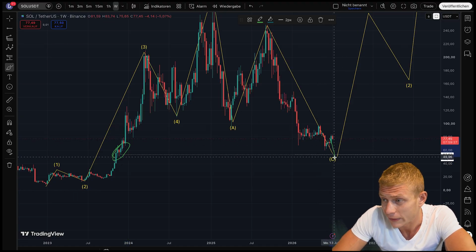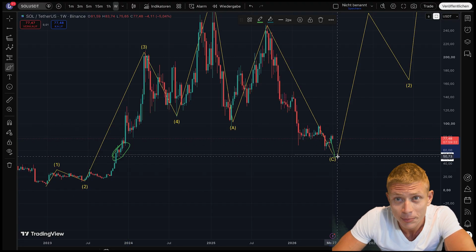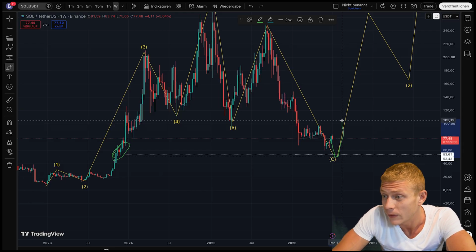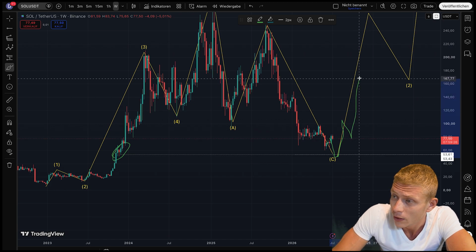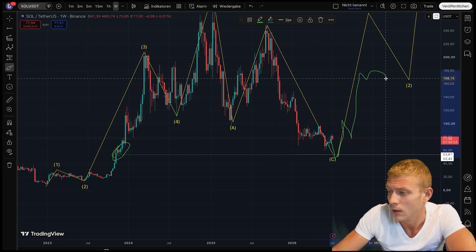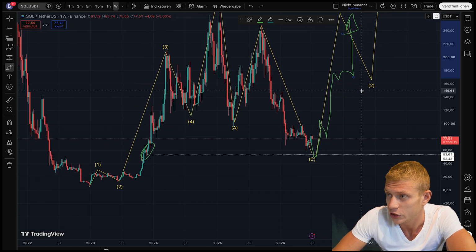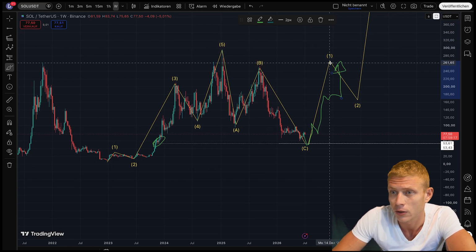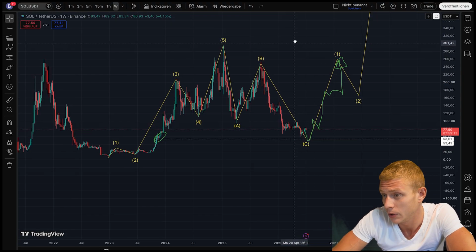So we could grab it towards the downside, reach the 100% extension, which is the minimum target for the C wave, grab this liquidity, sweep it, get a break towards the upside to form a break of structure, which is a 1, then make a 2, 3, 4, 5, and so on. Make a 5-wave move to finish this wave 1, and then we get a correction towards the downside.